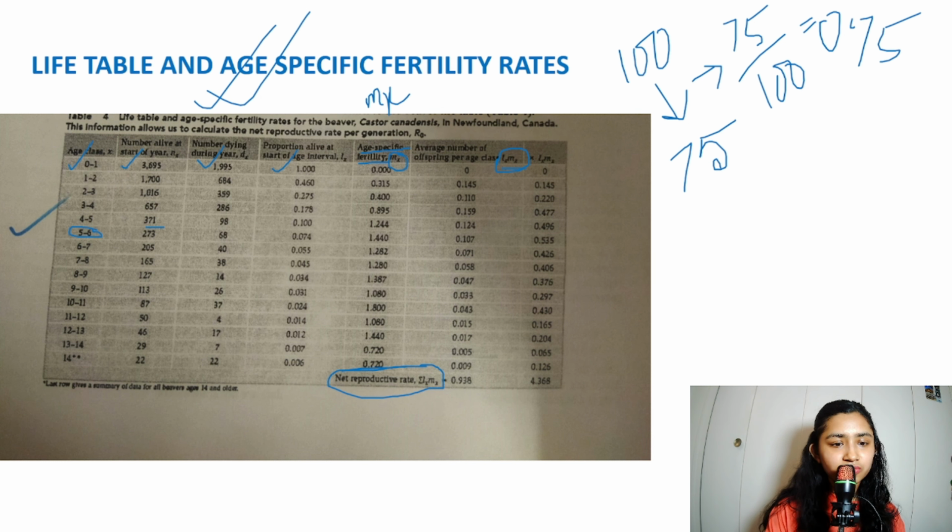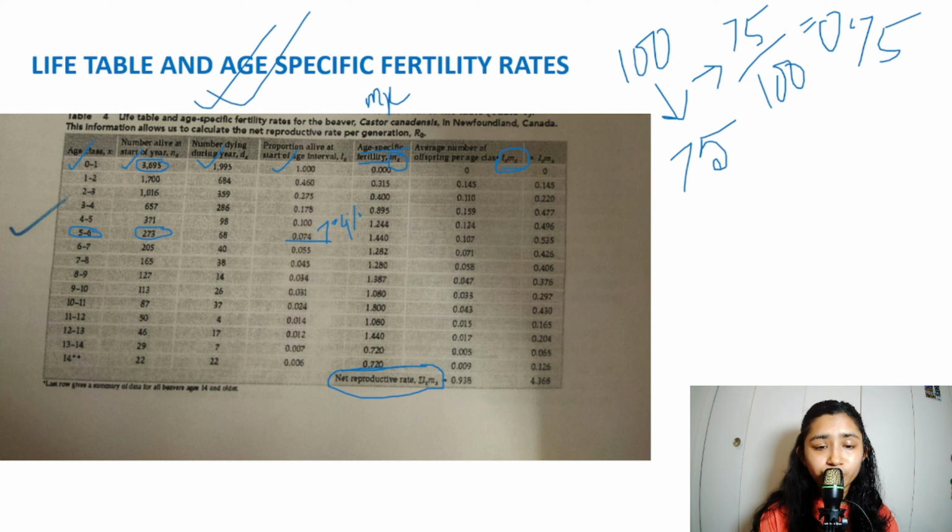Here NX is 273 and N0 is 6395, which gives you 0.074, which is 7.4% if converted into percentage. What does that mean? 7.4% of the original beaver class survived till the age of 6.